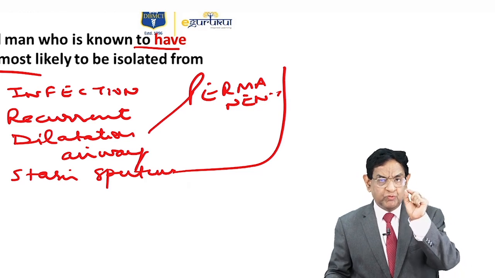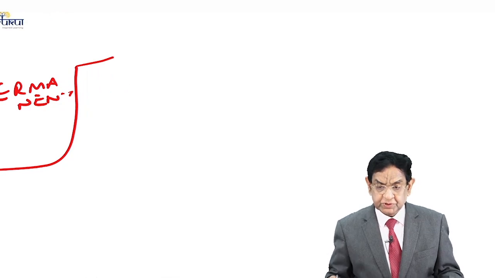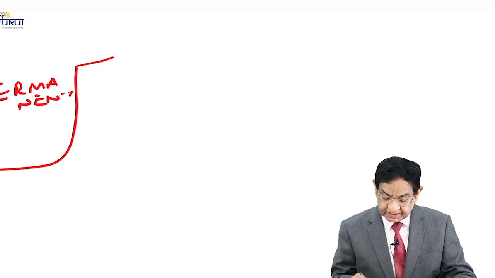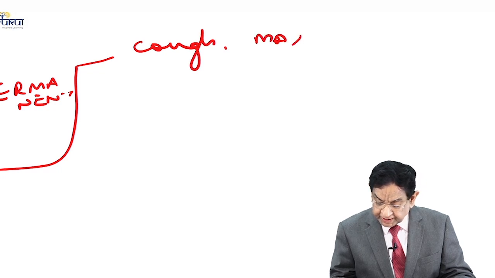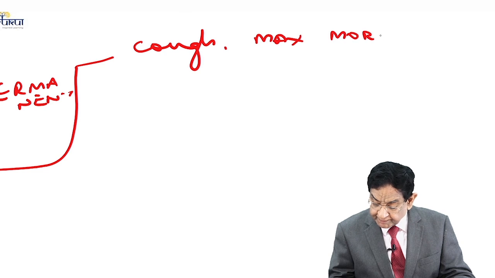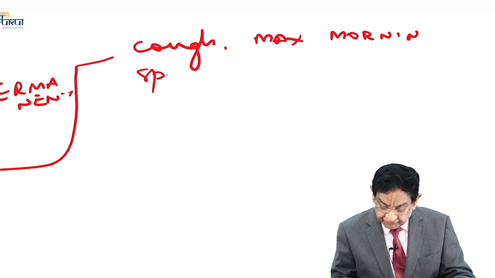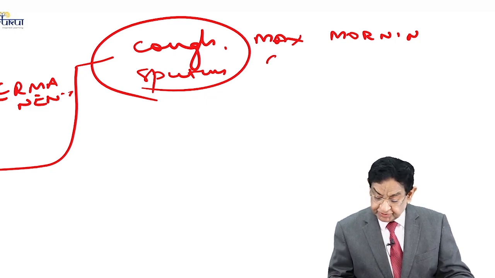So now what is the application of this? Stasis of the sputum. So the classical history you get, if you get a history like this, the patient has a cough, maximum in the morning, with a copious amount of sputum.